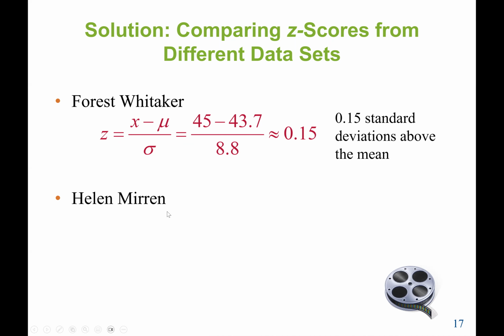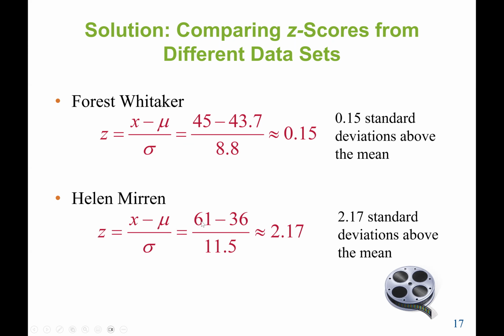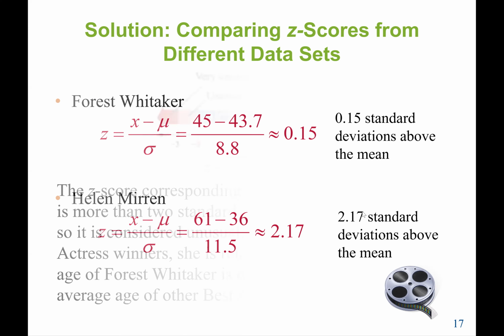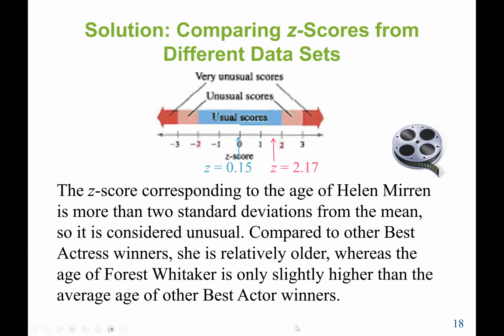Now with Ellen Mirren, her age is 61, and the average age for all the actresses is 36. The standard deviation was 11.5. So this gives us 2.17 standard deviations above the mean. Now the question says we should compare the two, for both Whitaker and Ellen.